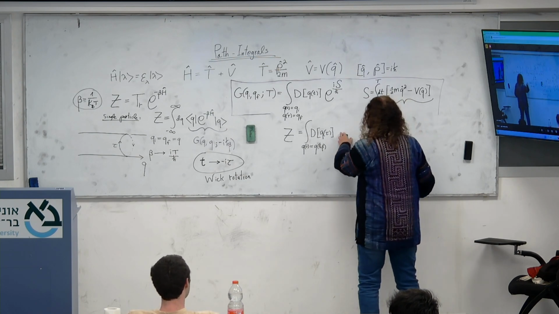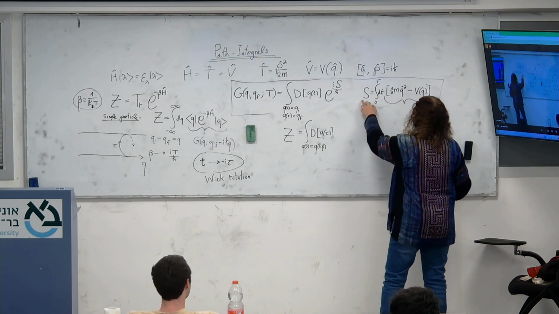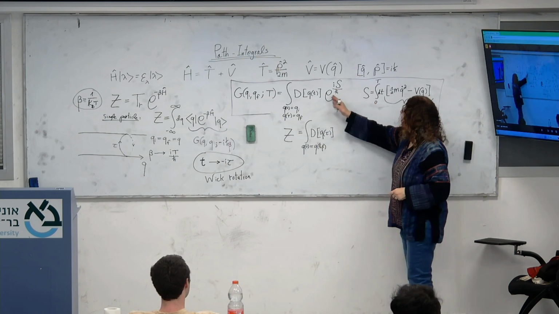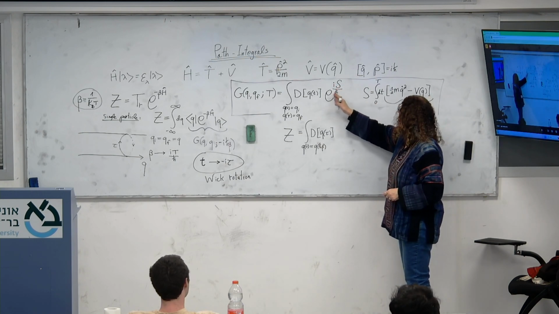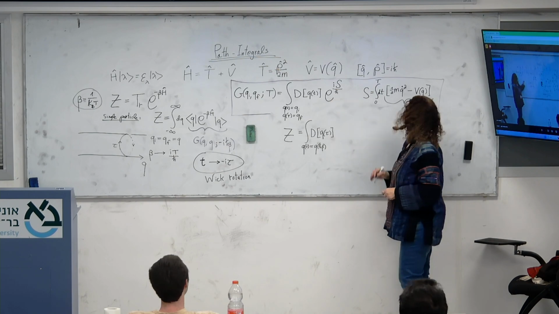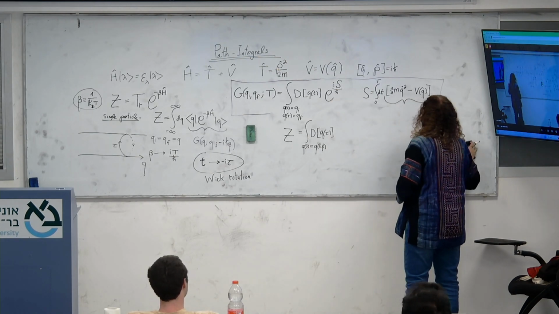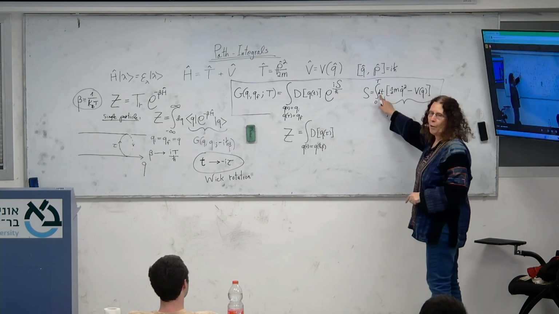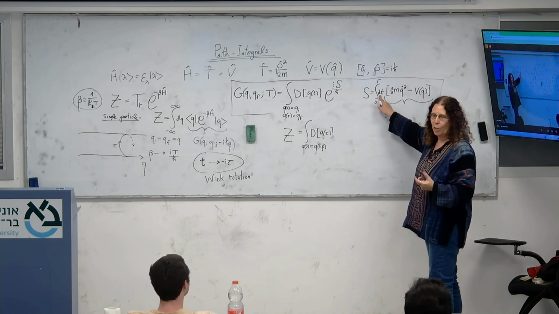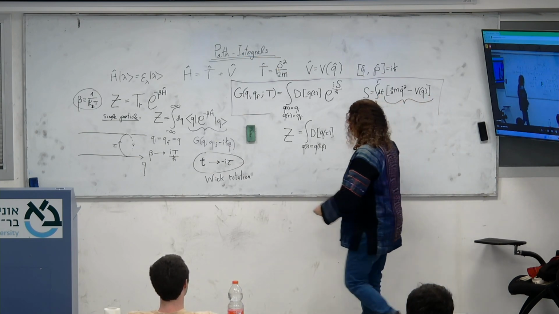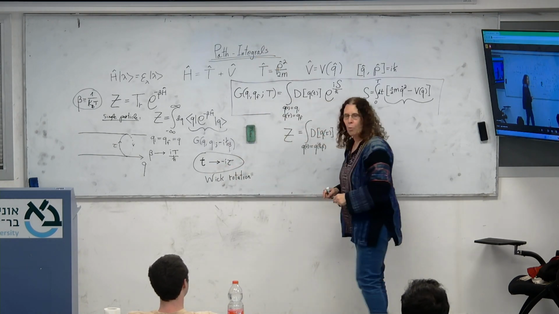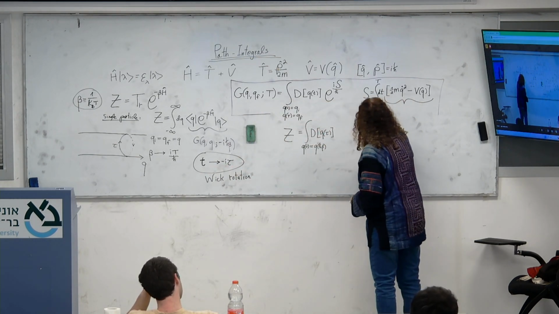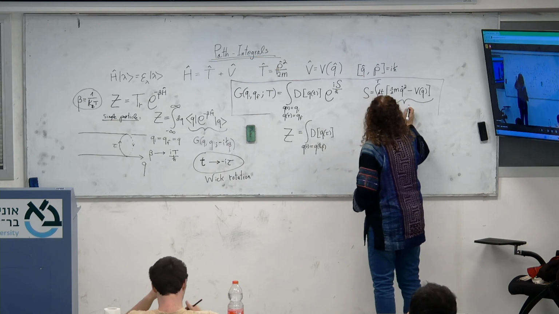So, great. So now what do I put in the exponent? So here I have S, and the exponent is i times S over h bar. But this S is written in terms of the variable t, and I have to change variables from t to minus i tau. Okay? So it's very simple. How do we do the mapping?